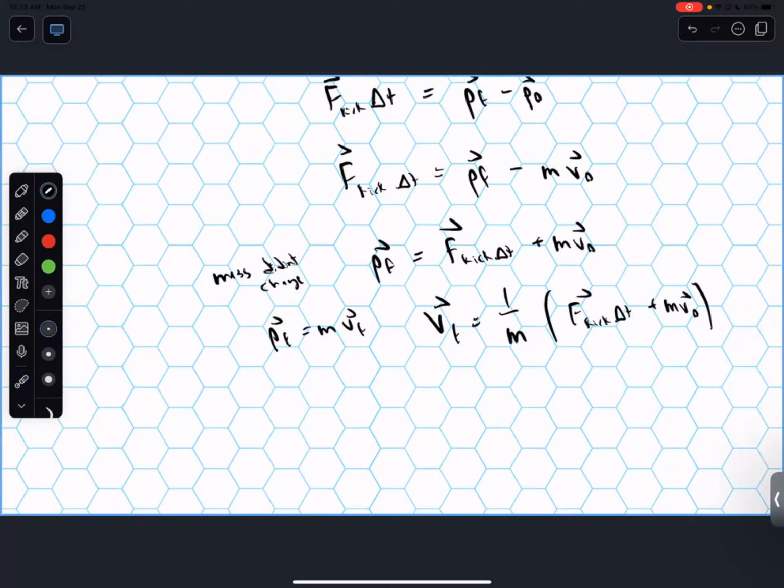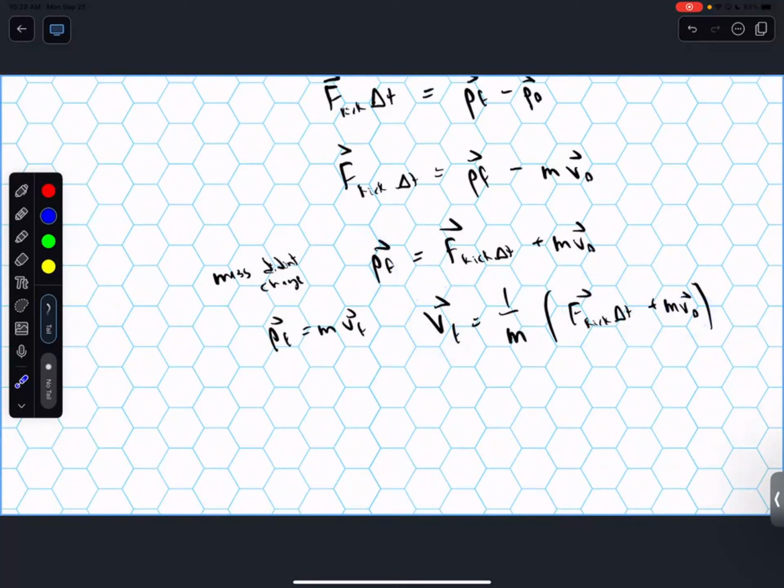Okay, so one of the issues with momentum is that all of these things in this expression are vectors. And so you do have cases where you need to think about vector addition when calculating your final momentum or your final velocity or some combination thereof.